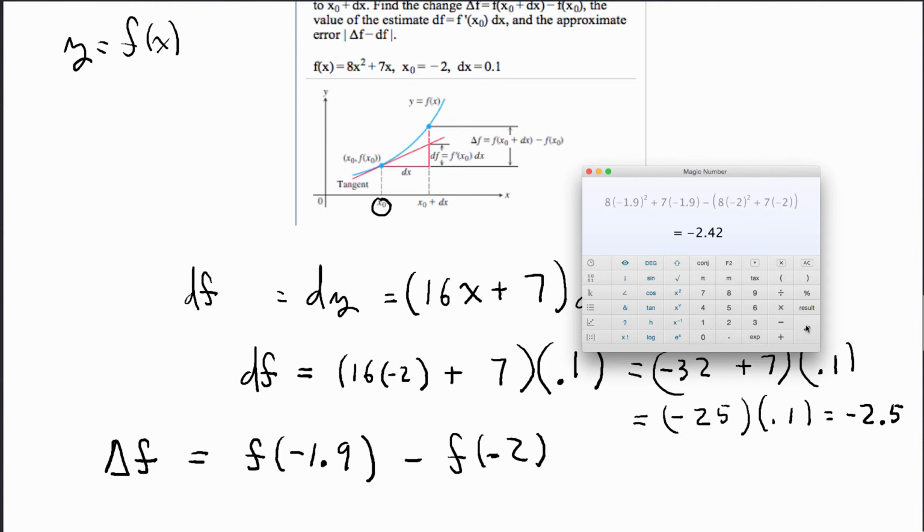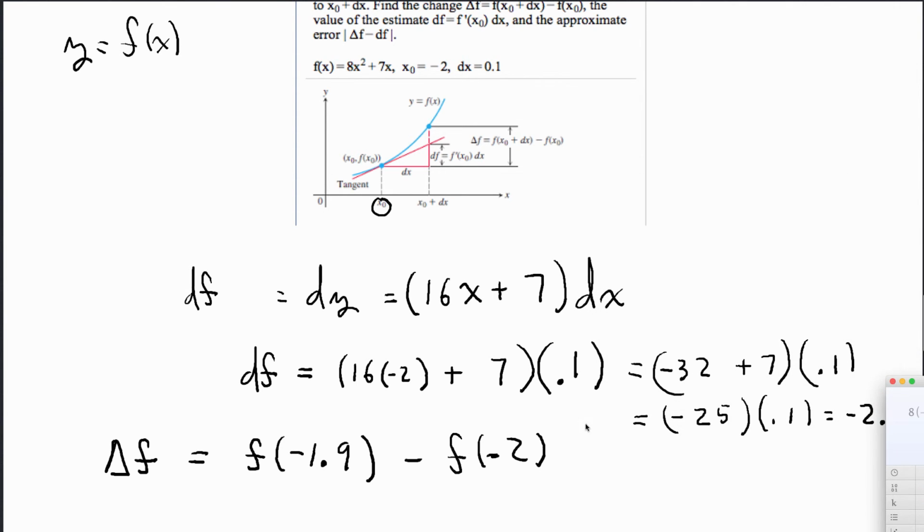And what do we get? So if we do this, to find the actual change, we get negative 2.42. So this is negative 2.42. Okay, so then what's the error here? If I look at the distance between these two things, what do I get?